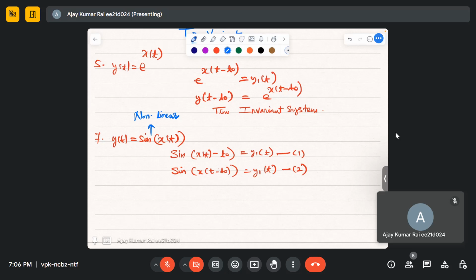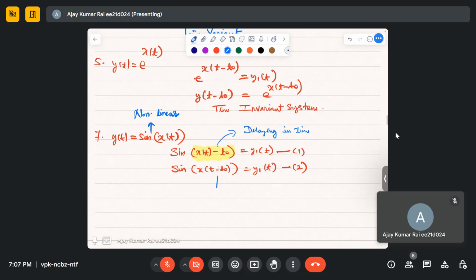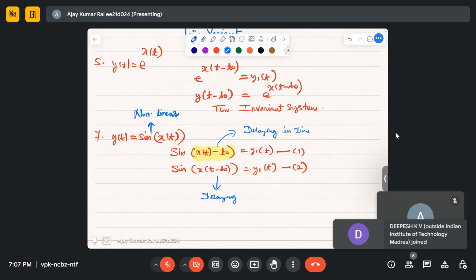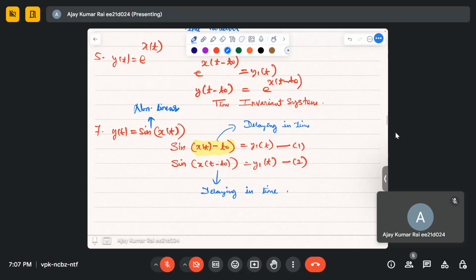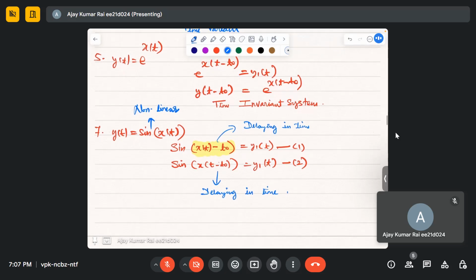See, first is x of t minus t naught. So can I say this is a delay or not? When I do this x of t minus t naught, is this delaying in time? Or this one is delaying in time? I think the second one will be correct.